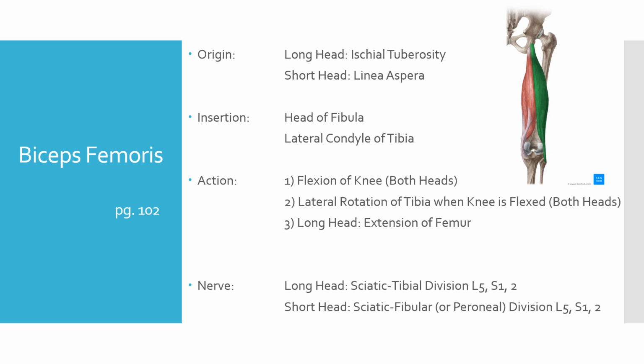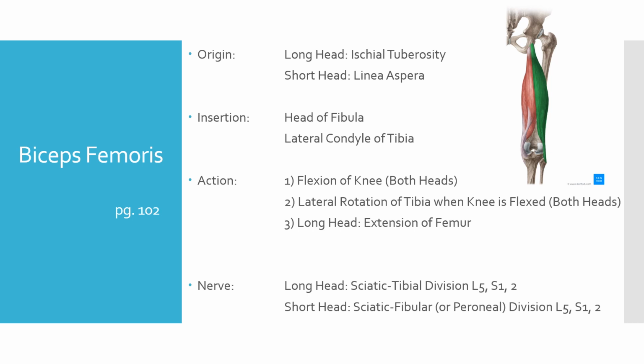Biceps femoris. 2 origins, the long head, the ischial tuberosity. The short head, the linea aspera. 2 insertions include the head of the fibula as well as the lateral condyle of the tibia. 3 actions include flexion of the knee, both heads, lateral rotation of the tibia when the knee is flexed, both heads, and the long head does extension of the femur.